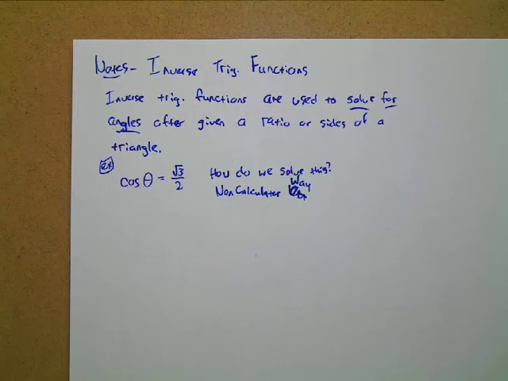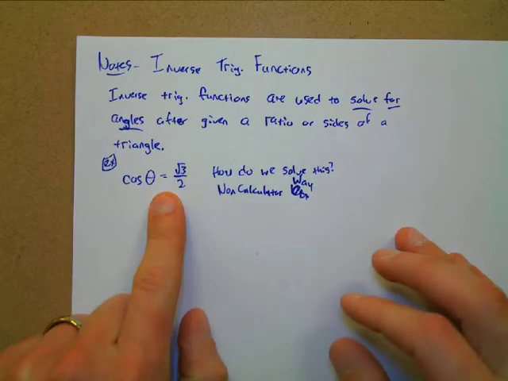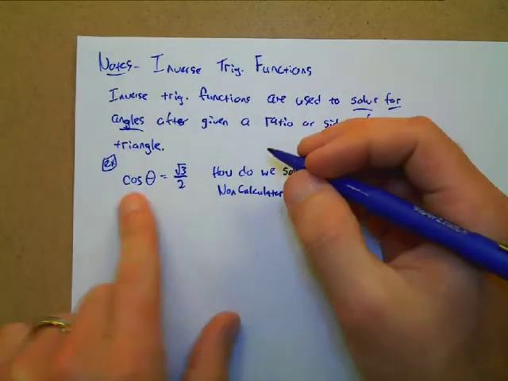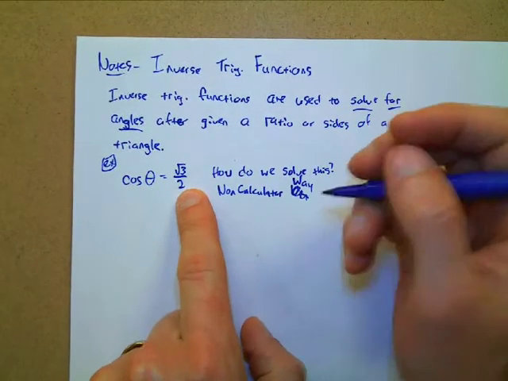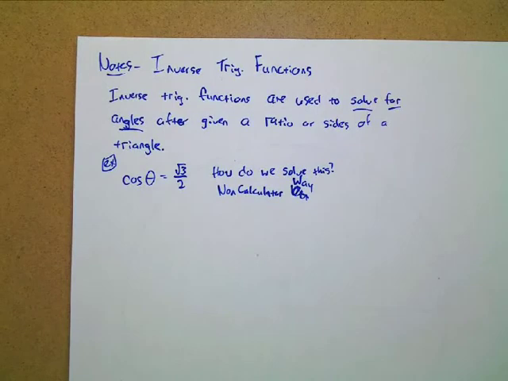You've seen the numbers we run into. They're decimals a lot of times. But for this one, we can solve without a calculator, and it has to do with the fact that this root 3 and this 2 are both sides in one of our special right triangles.